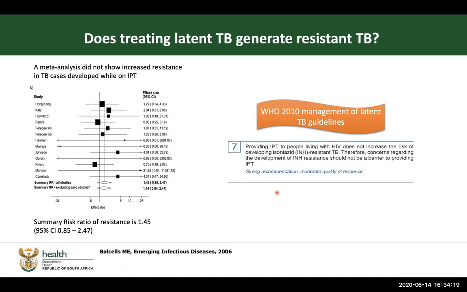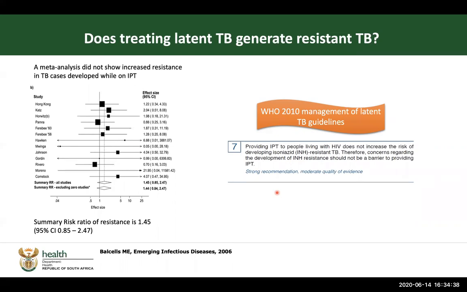Actually, if you go in depth in some of these studies, you would find that in some, patients who took the placebo, not necessarily the INH, had an even higher number of cases with TB resistance in that group.